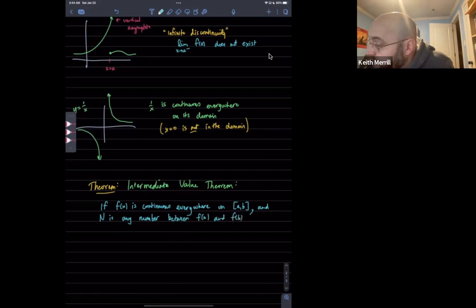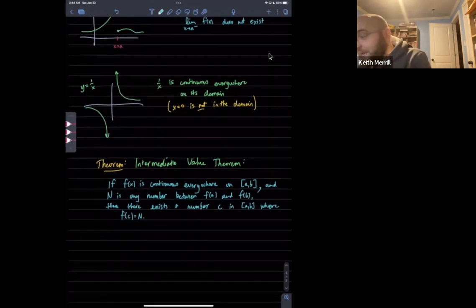I'm going to draw a picture in just a second to explain what's going on. Then there exists, how does the book phrase this? A number c, could be more specific, that's fine. A number c in the interval [a, b] where f of c equals n.